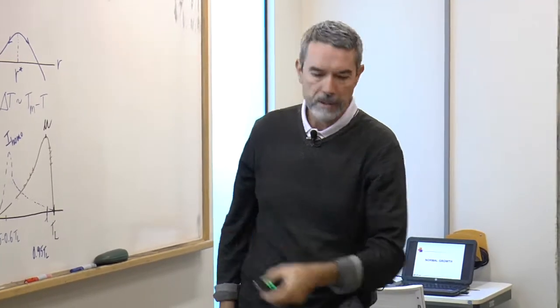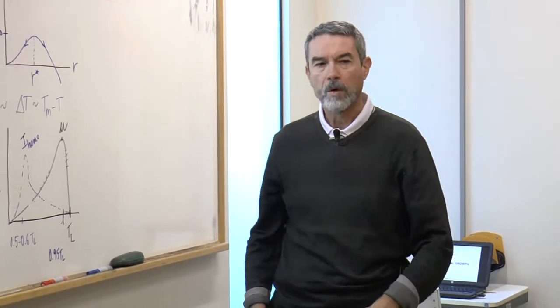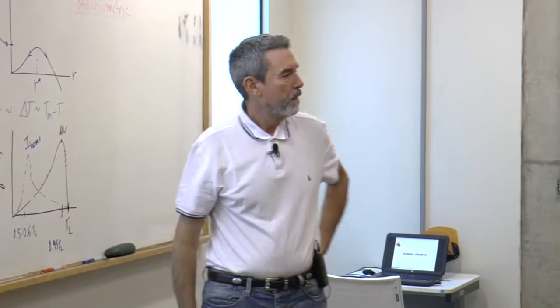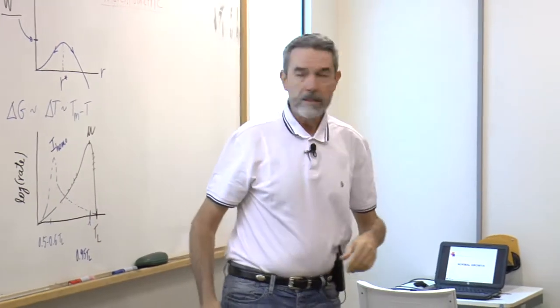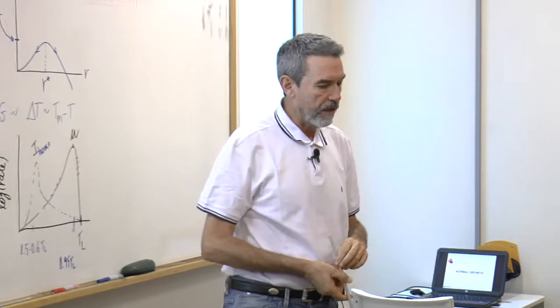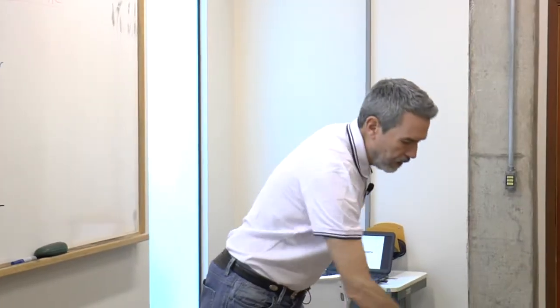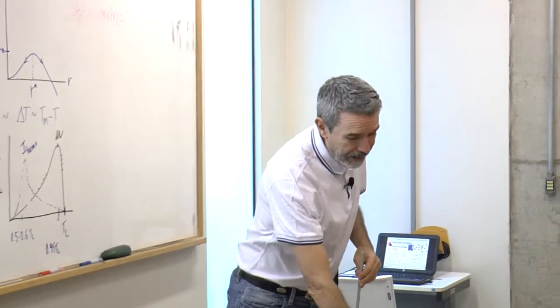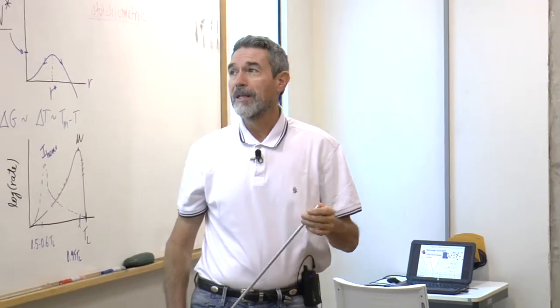So let's now take a look at normal or continuous growth. Let's take a look at the equations that describe this particular normal or continuous growth model. The idea is very, very simple.